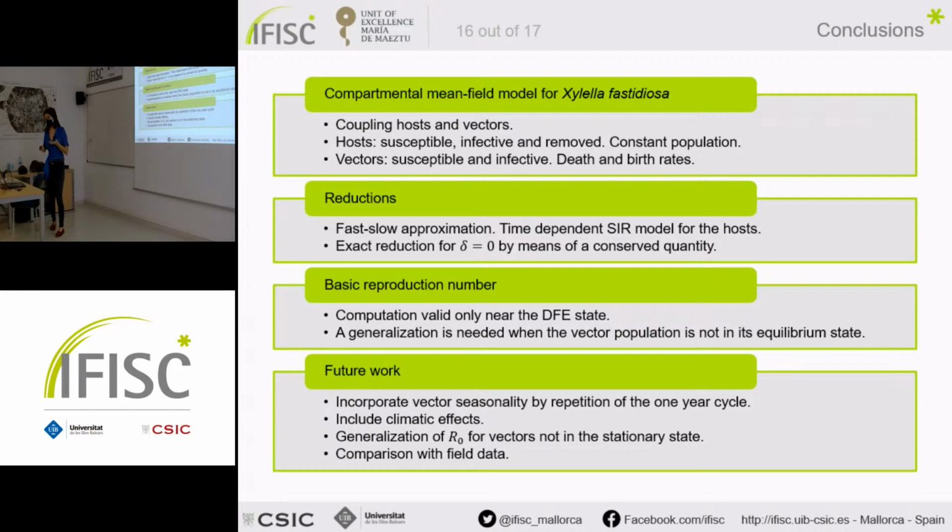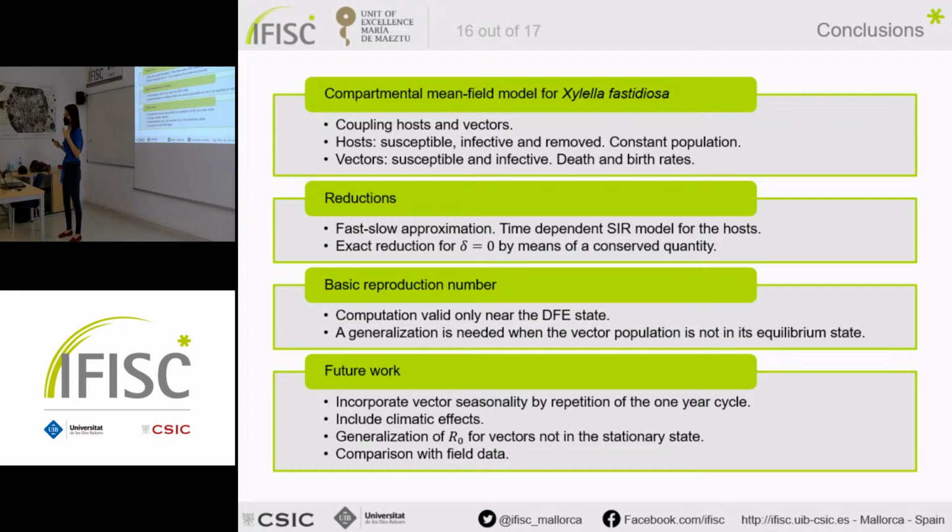So what we've seen so far, we've done a compartmental mean-field model for Xylella fastidiosa, which couples host and vector. For host, we have introduced three compartments: susceptible, infective, and removed, and we've used a constant population.